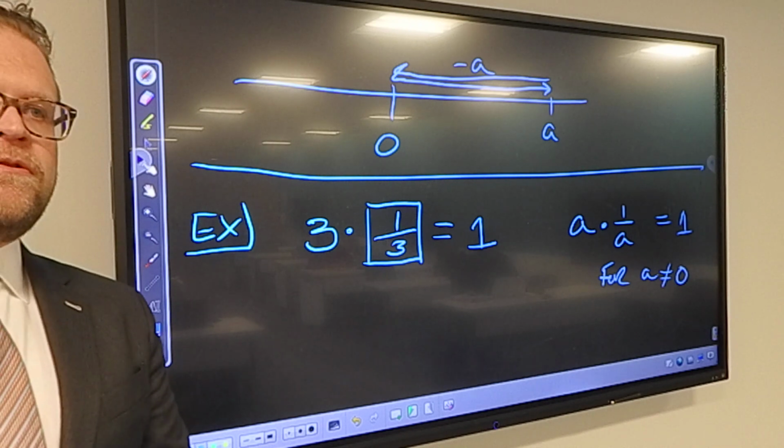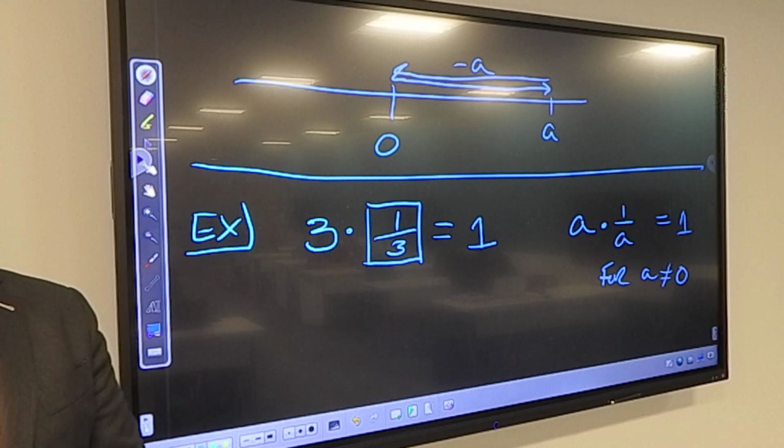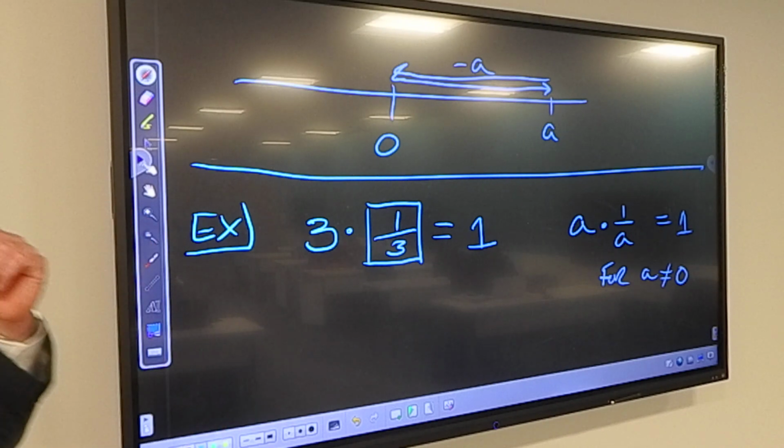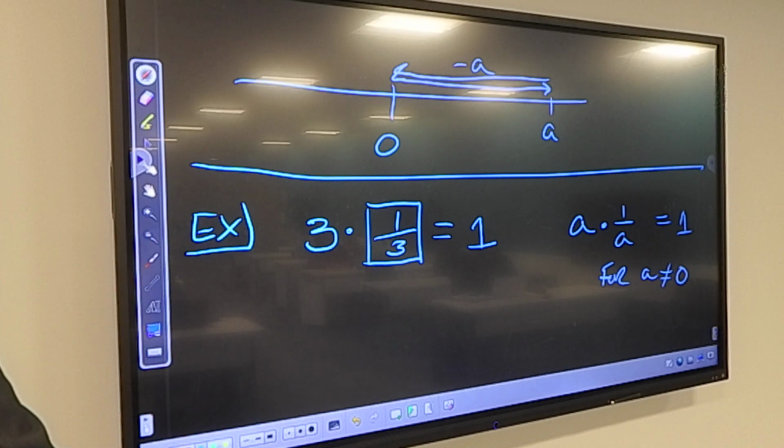Zero has no inverse. You would be saying that 0 times some number is equal to 1, and that can never happen. That cannot happen, no matter what you choose.